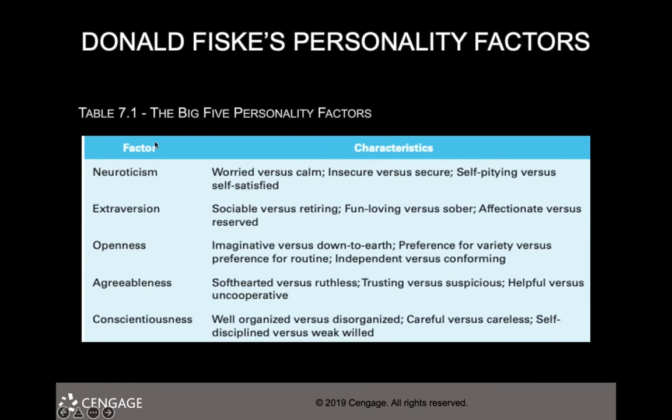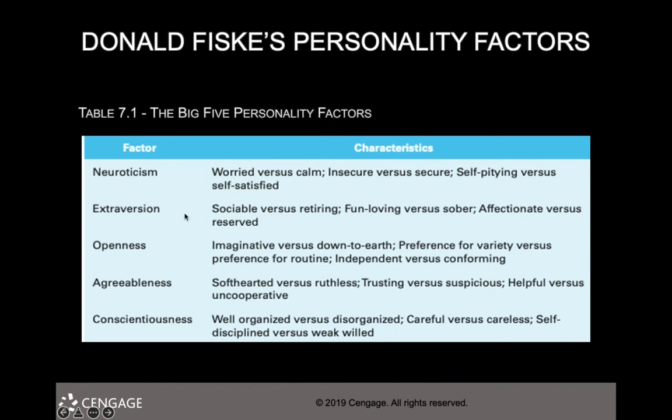You will see neuroticism, whose characteristics include worried versus calm, insecure versus secure, self-pitying versus self-satisfied. So the higher you are on neuroticism, the higher you are on the former traits than the latter ones.